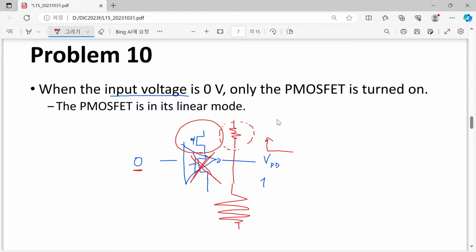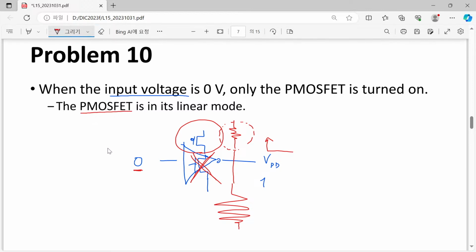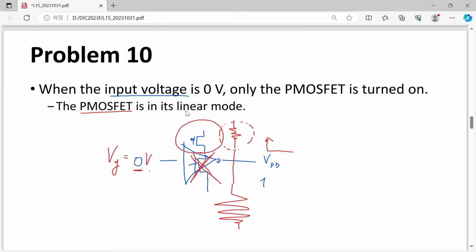First of all, we have to understand this is nothing but the drain resistance of our P MOSFET when it is biased to gate voltage equal to 0 volt. However, all of our students fail to correctly calculate the resistance of a P MOSFET in its linear mode, unfortunately. So please try to understand what is the resistance in the linear mode.